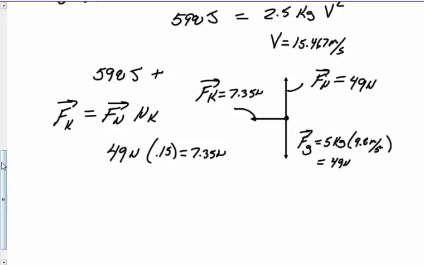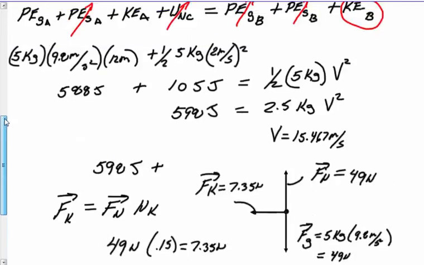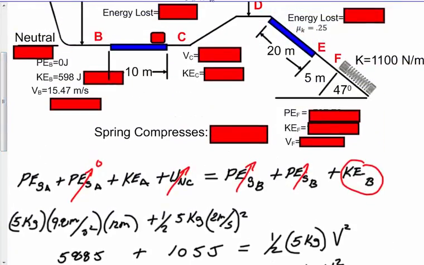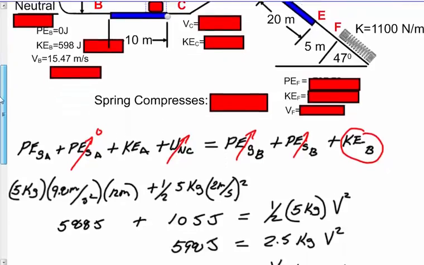Now, if you notice here, the frictional force is pointing left. So as this object slides to the right, the work done by the non-conservative force is going to be negative because it's moving to the right, but the force is going back to the left. So the work being done is going to be the force times the distance. We're going to multiply that by 10 meters.